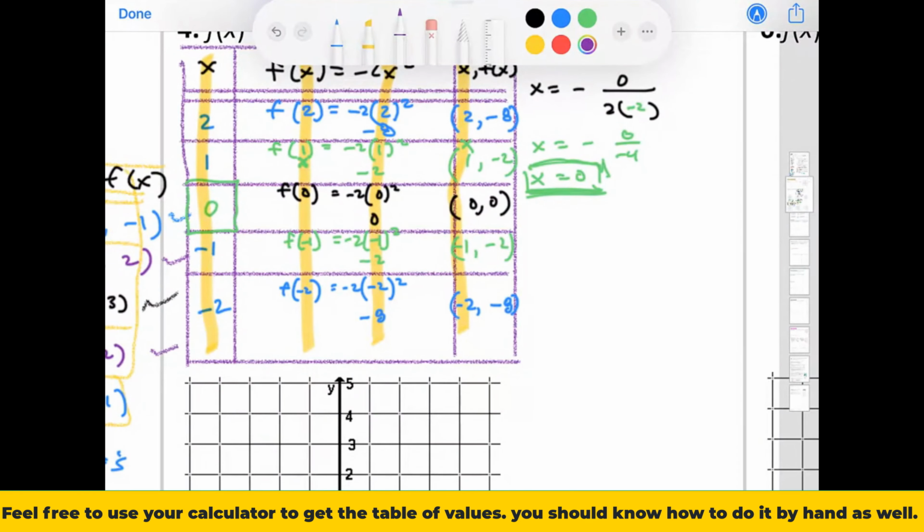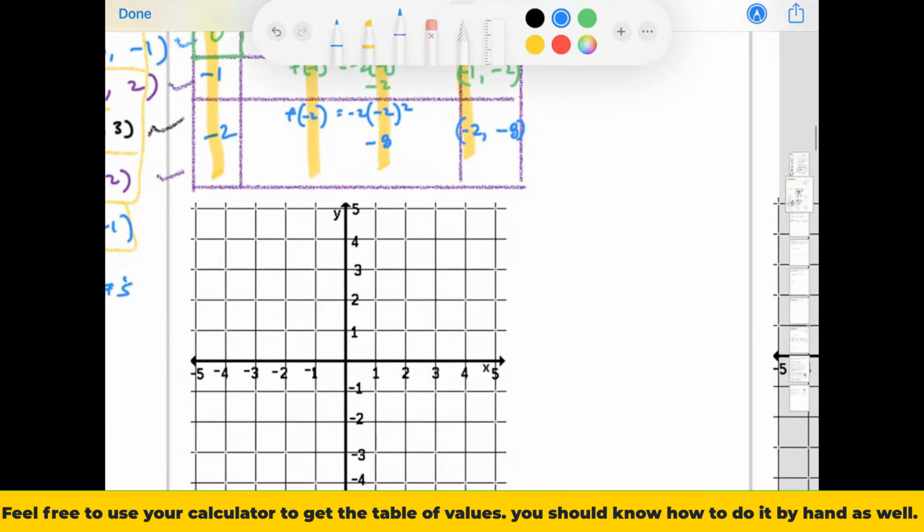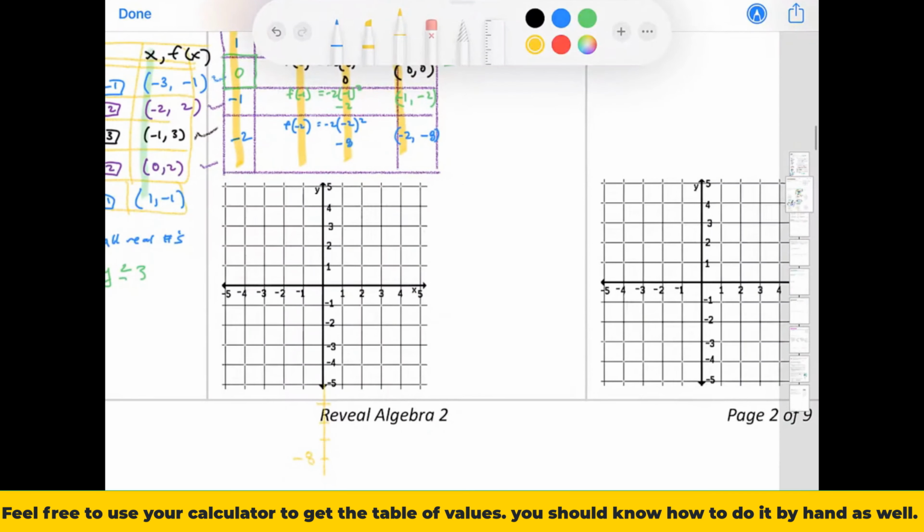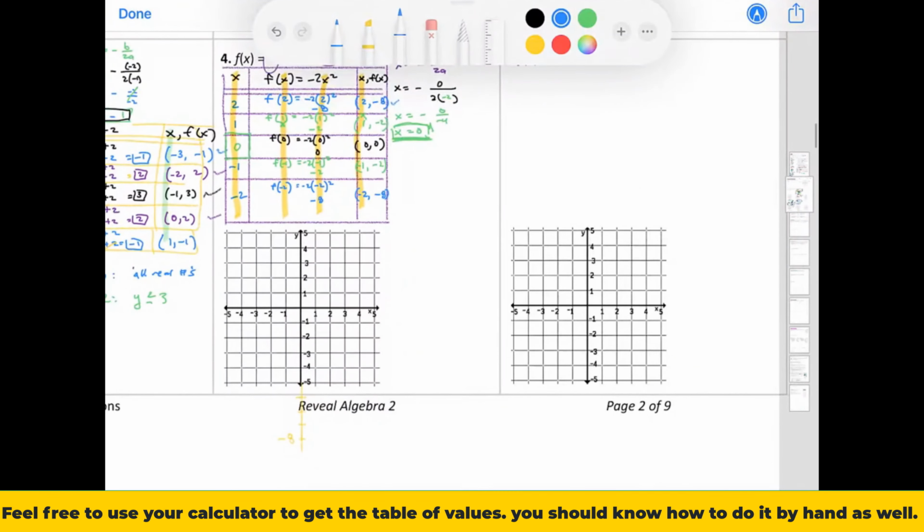All right, let's go to our drawings here. So 2, negative 8. Okay, so if you do what I did, I messed up. Okay, so 5, 6, 7, 8. That one's negative 8. Okay, so 2, negative 8: right 2, then down 8, because the y value is negative.